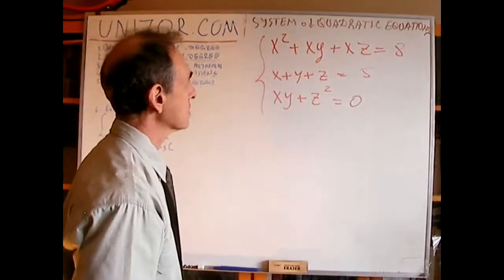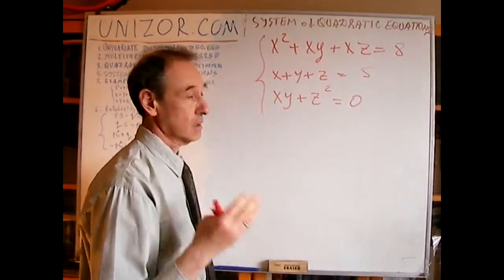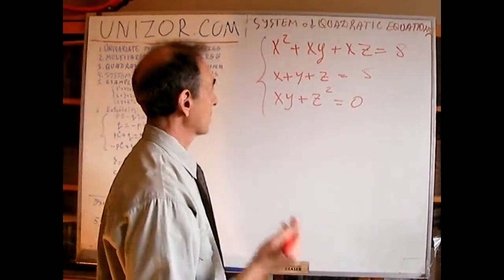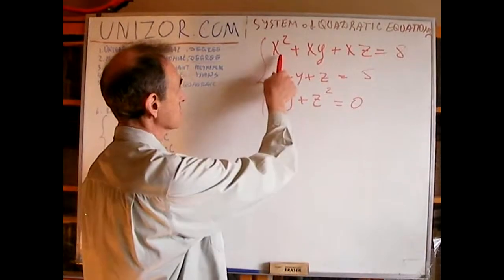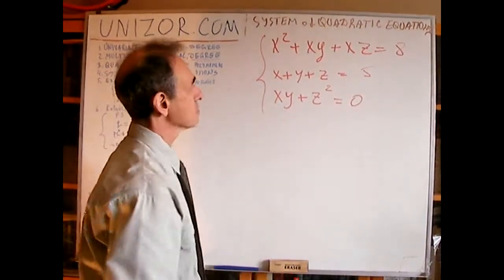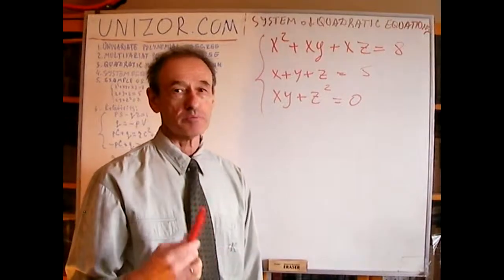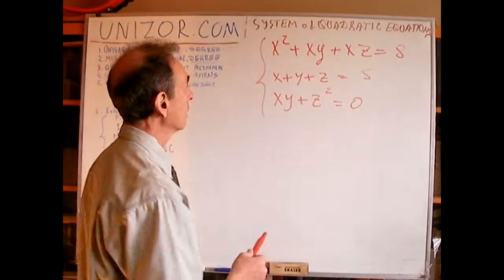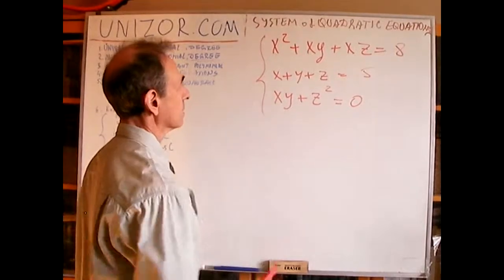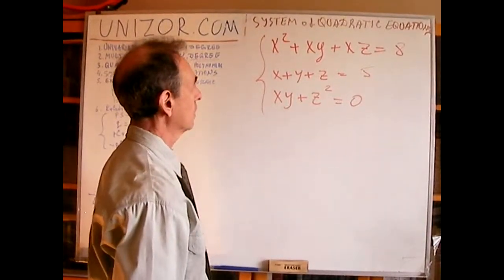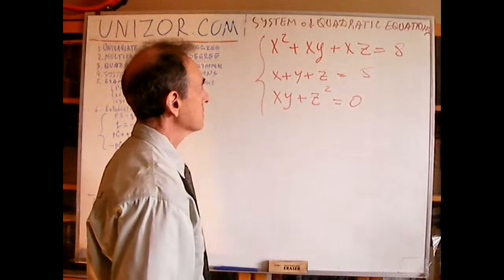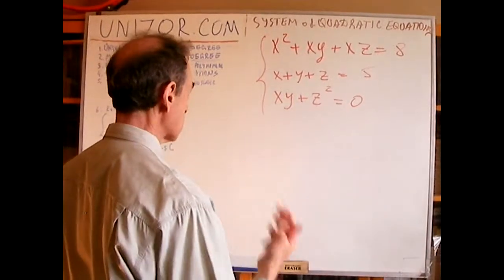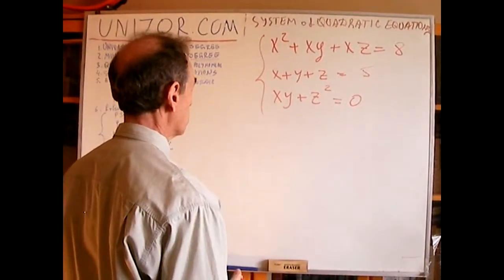This is a system of 3 equations. It's a quadratic system because each one of these equations is a multivariate polynomial on the left of no more than the second degree. And we do have actually second degree polynomials on the left as well. One is linear. So this is an example of a system which I'm talking about.